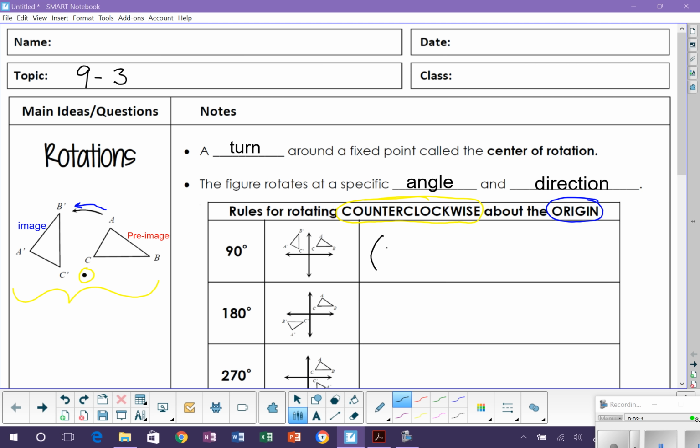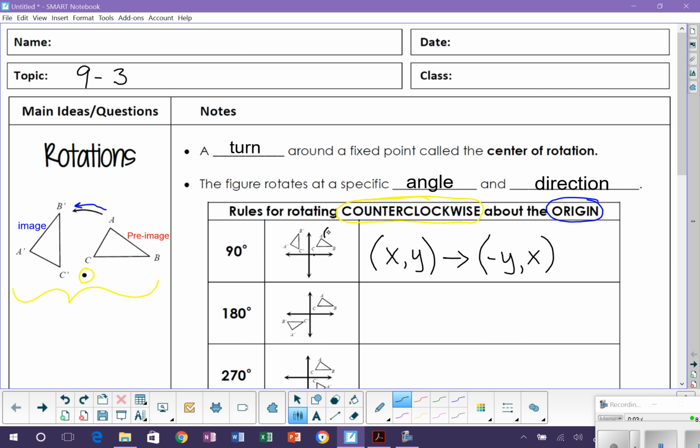So, start with the point, and if you're rotating 90 degrees, it's going to end up being this. So let's say the x, this a value is, well, I don't know, 4,5. This point is now over here.